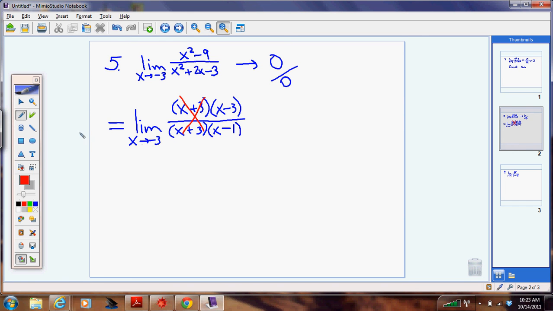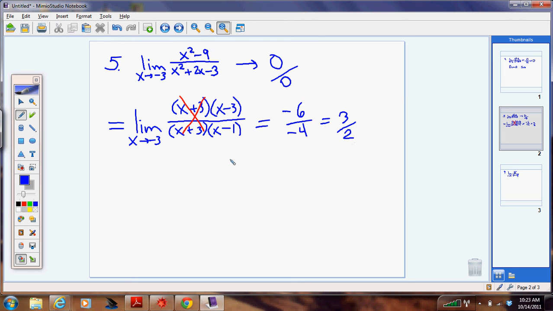Now we're left with the limit as x approaches negative 3 of x minus 3 divided by x minus 1. Then we can do direct substitution, and we end up with negative 3 minus 3, which is negative 6, divided by negative 3 minus 1, which is negative 4, and that reduces to positive 3/2.